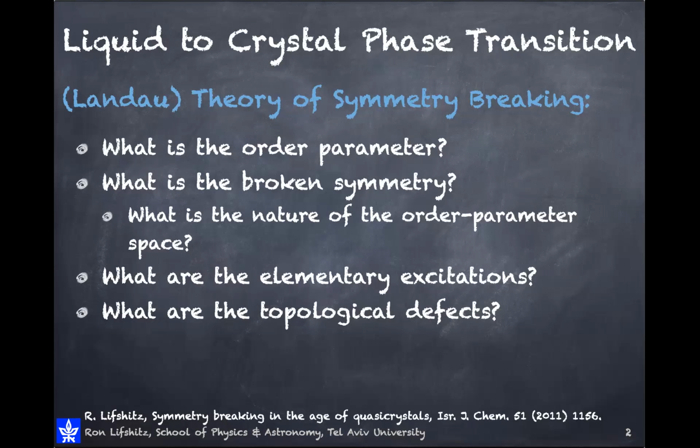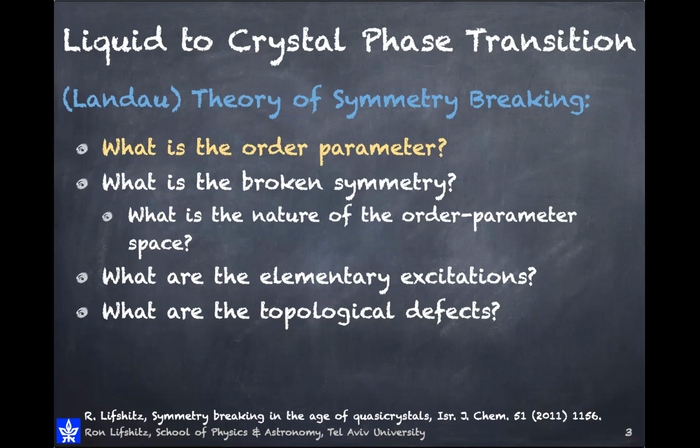And when we discuss these kinds of phase transitions, there's a series of questions that one normally asks, and I'd like to go through this sequence of 4 or so questions through which I will hopefully give you some very, very basic flavor of what we're dealing with when we're talking about these crystals that are not periodic, these quasicrystals.